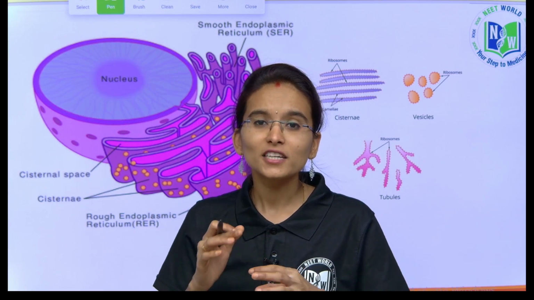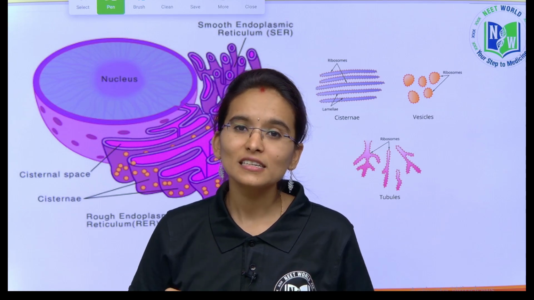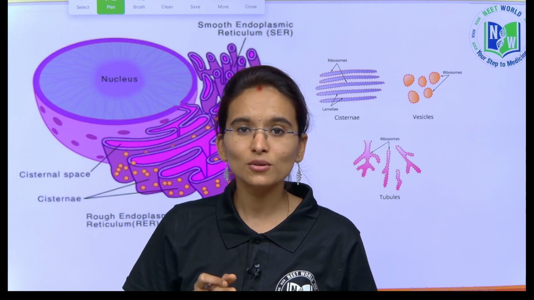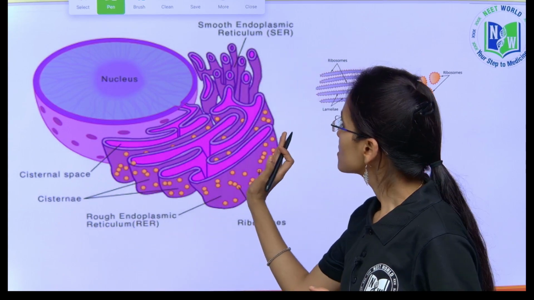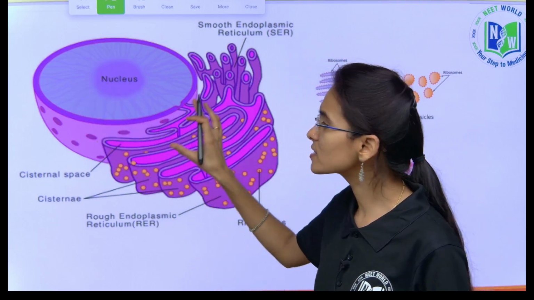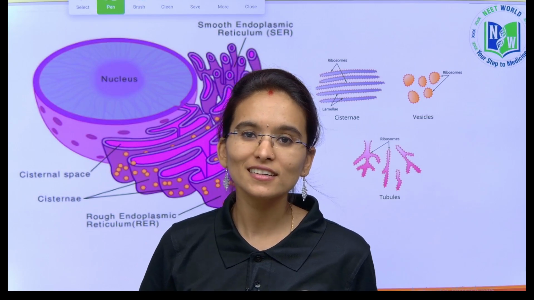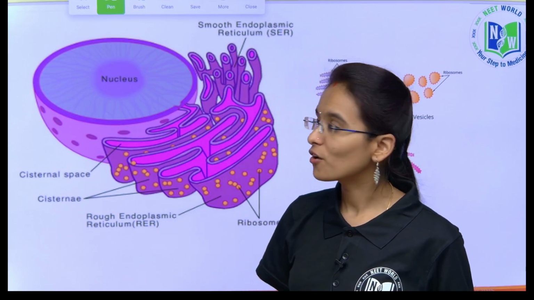Sometimes it may span the entire cell membrane, or attach to the nucleus, or remain somewhat away from it. This is how the endoplasmic reticulum is present inside the cytoplasm of the cell.